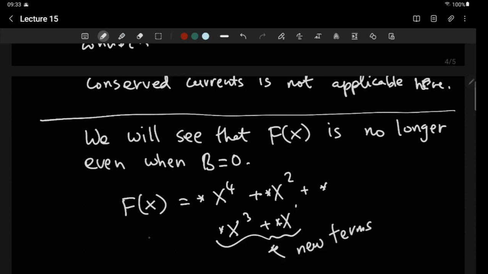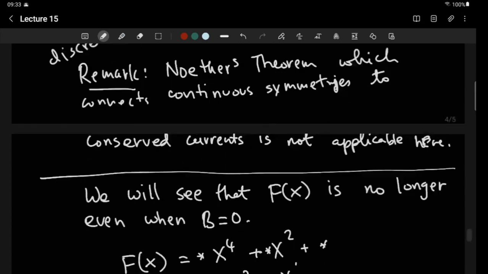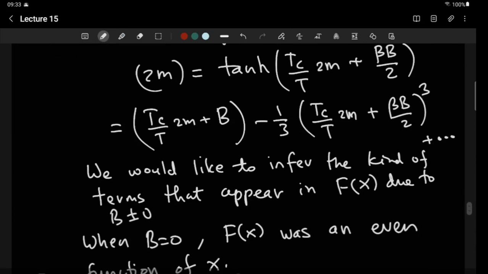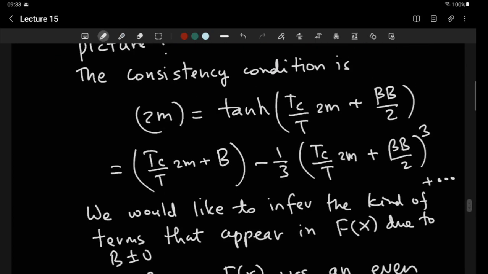Now if you take df by dx, the x cubed term gives a term proportional to x square in the equation, and from the other term, taking derivatives with respect to x, you get a constant. So there should be constant pieces, and this is the equation we are solving. Coming back to this equation, you see that what was originally just 2m cubed is now 2m up to some factors plus this thing.